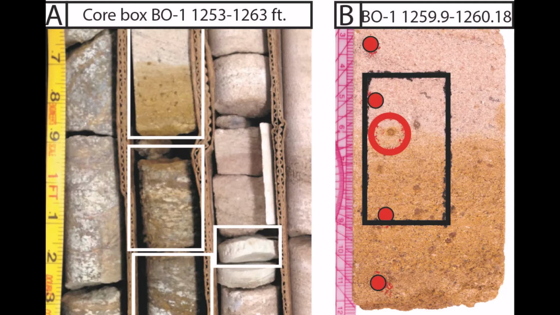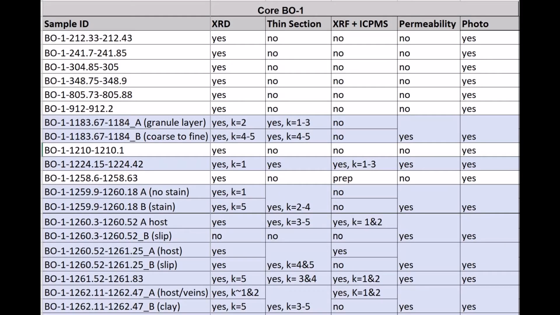The red dots indicate where we want to take permeability measurements, which is to measure how easily a fluid moves through a rock. The area surrounding those other marked out regions will be crushed to a powder for other analyses. Since multiple analyses are conducted for one sample, I maintain a spreadsheet that shows which sample has which analysis.